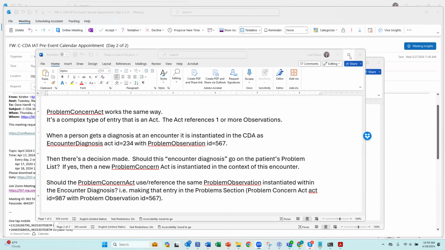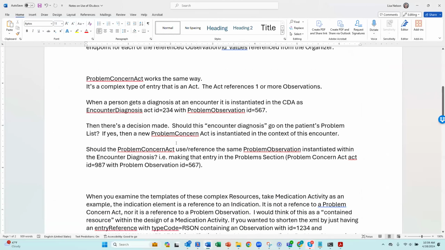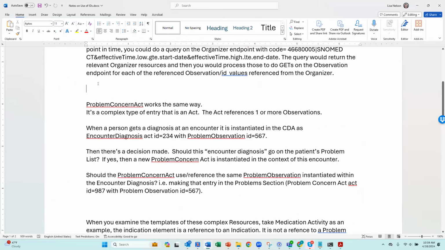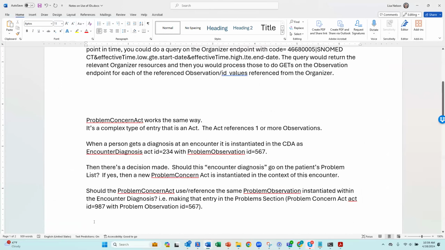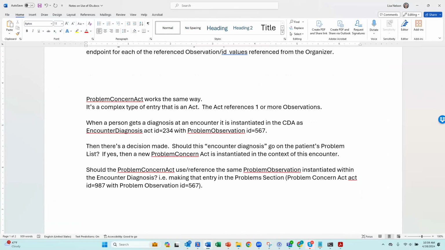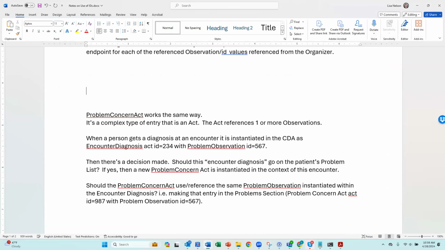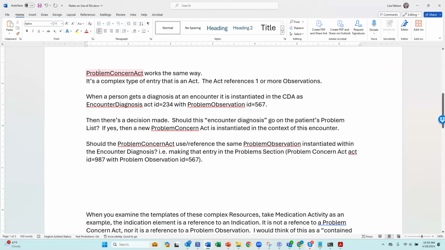As Matt and I were debating and talking about this in the background, getting ready for this, I focused in on an example that I have been thinking about, and I'm just going to narrow us into this one paragraph here. So the situation is a problem concern act, and this is what Ben was talking about. We have these statement patterns that have an act on the outside, and then other stuff on the inside, and sometimes the stuff on the inside can repeat.